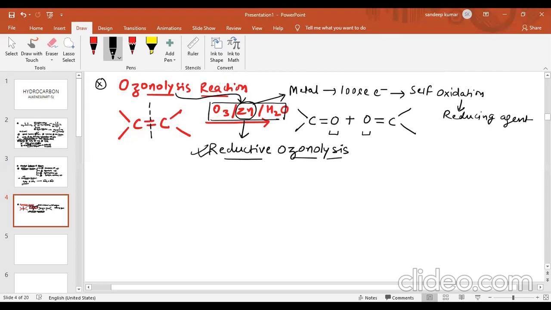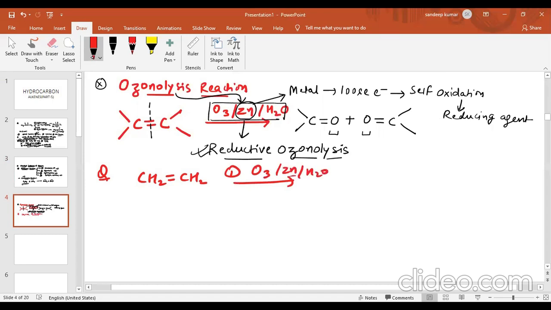Now see another question. If the question is given like this, the compound is CH2 double bond CH2. In the first step, there is addition of O3, zinc and water.